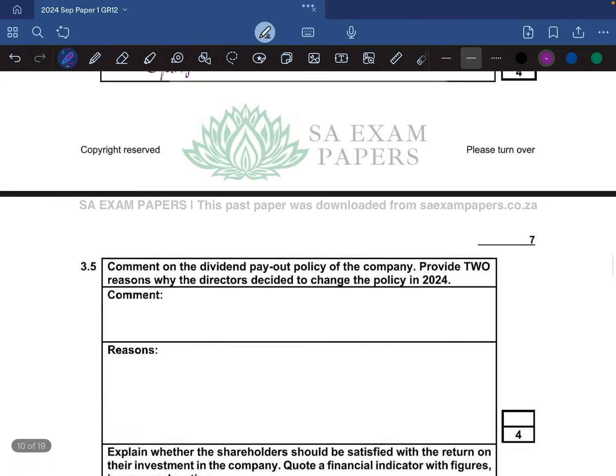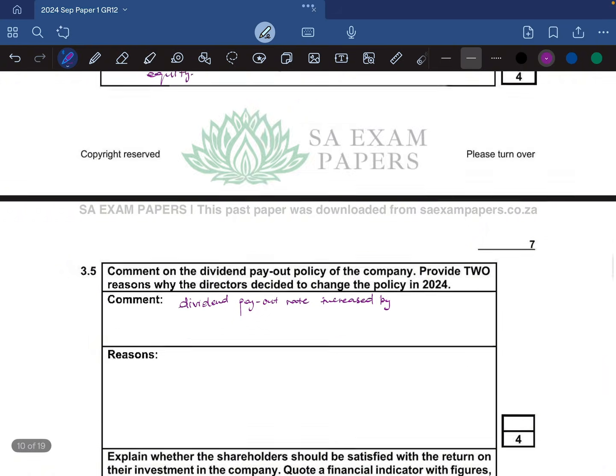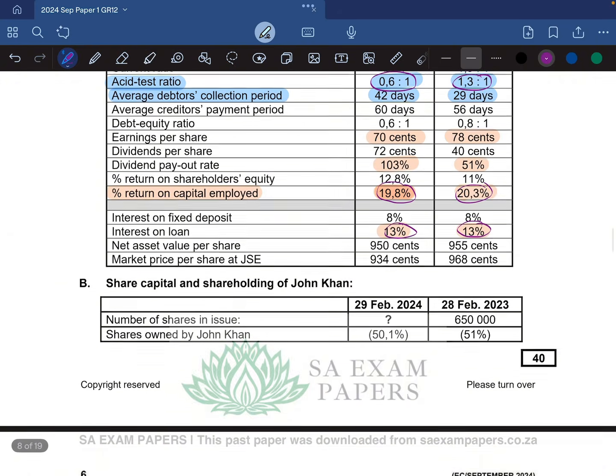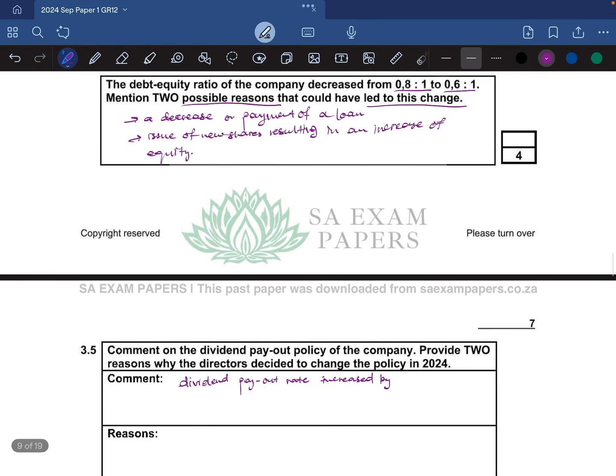So let's quote our figures first. The dividend payout rate increased. Let's first state it increased by the difference between 51% and 103%, it's 52%, almost double.